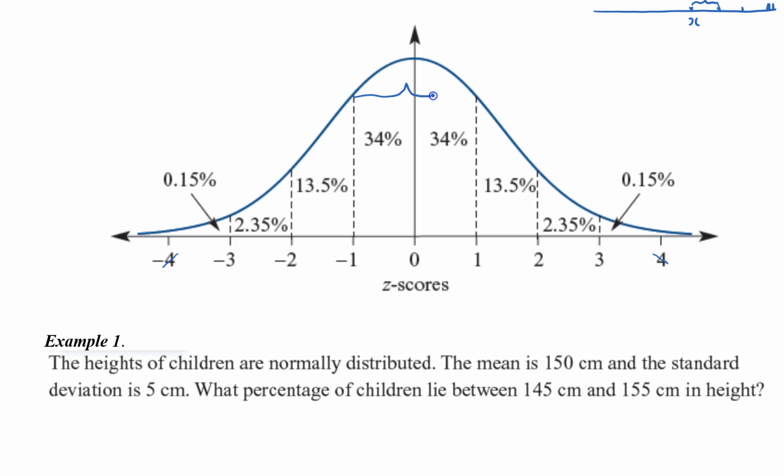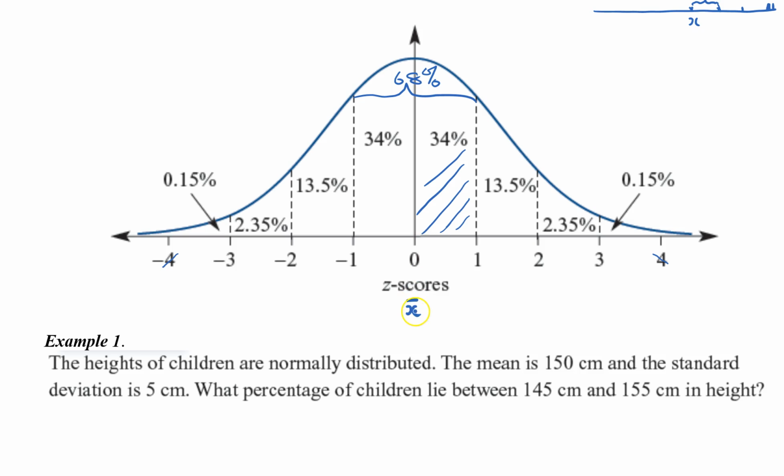Remember it said that this was 68%. So if we halve it, then we're talking just about this region here from the mean. So this Z-score of 0 means we're spot on. There's no difference between this result and the mean.